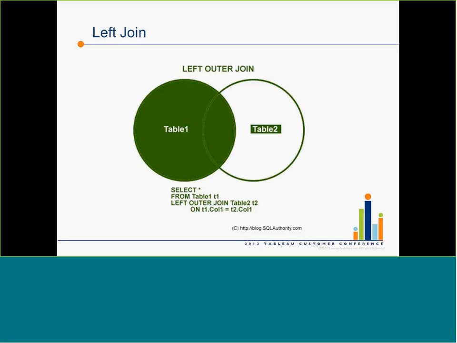So say, for instance, table 1 has categories 1, 2, and 3, and table 2 has categories 2, 3, and 4. The result is going to be 1, 2, and 3, only for category 1, we're going to have nulls instead of the values that would have been represented from table 2 in the result set.